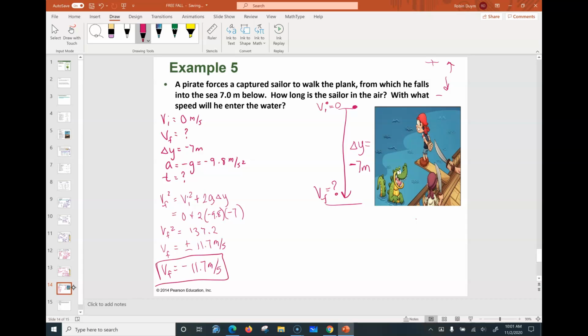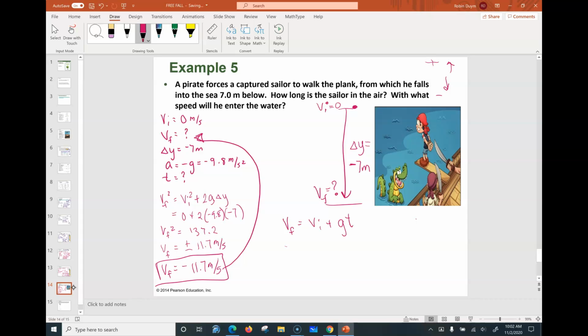And then you can use this up here for your final velocity, and then you can go on to find time. The easiest way to find time, use our nice easy equation. My final velocity is my initial velocity plus my acceleration times my time.